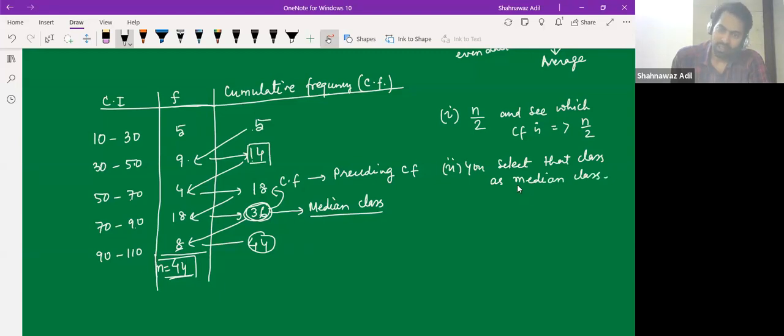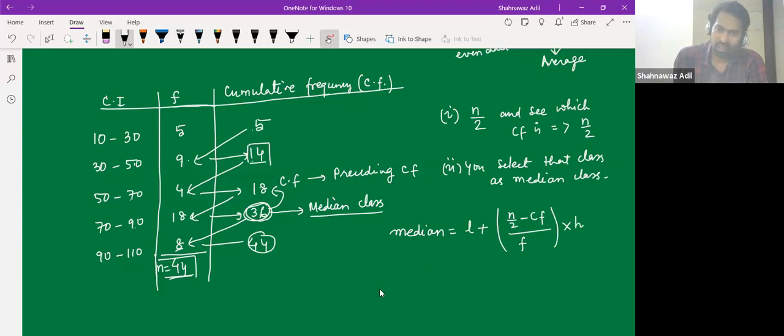Then the median is calculated as L plus (N by 2 minus CF) divided by F, into H, right?